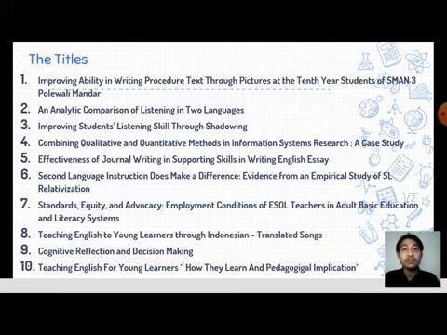And also the article numbers like number 7, 8, 9 and 10, their methodology uses qualitative.